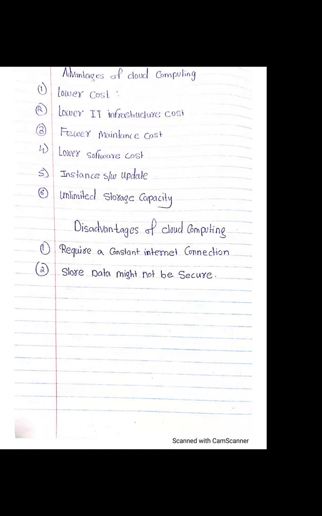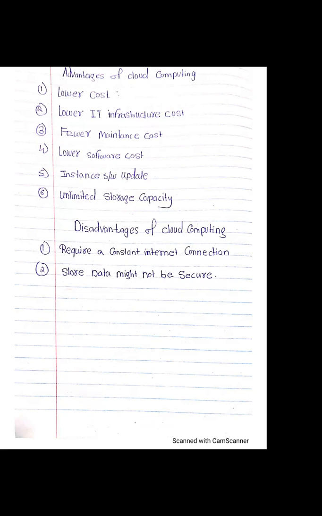Increased computing power: the execution capacity of cloud servers is very high, so applications run very fast. Unlimited storage capacity: cloud offers you a huge amount of storage, like 2000 GB, but if the user wants more than that they can upgrade.